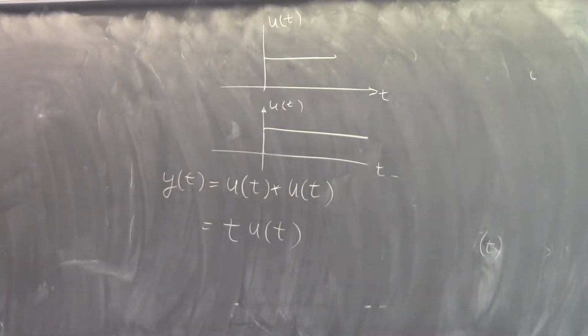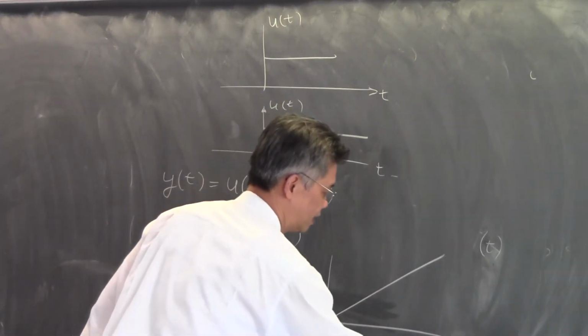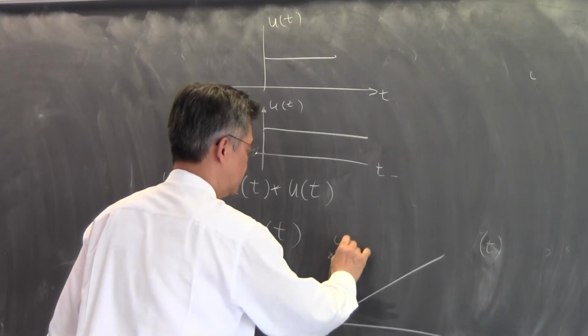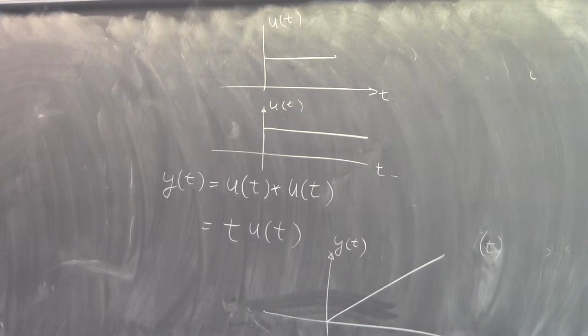Can you see that? The resultant function just goes up like that. Because you flip one around, when t is less than 0, there's no overlap, so it's 0. But as you increase t, the overlap integral starts to increase, and the area underneath increases linearly with respect to time. So you have this property.